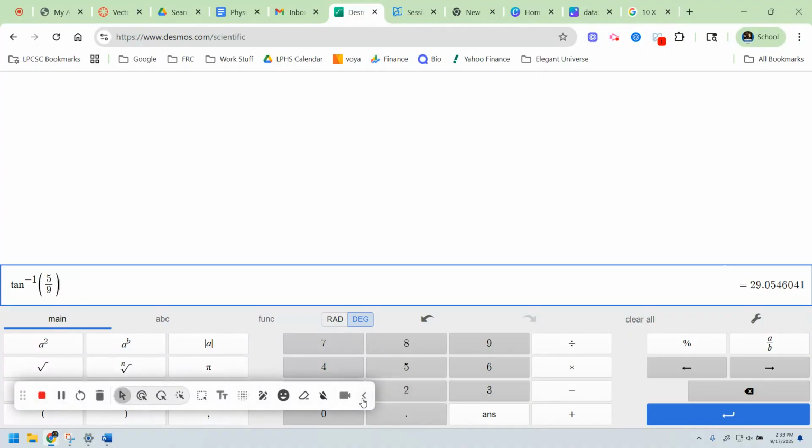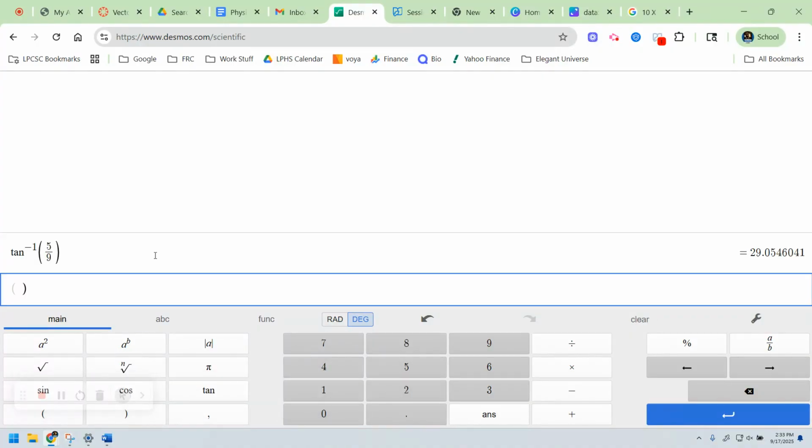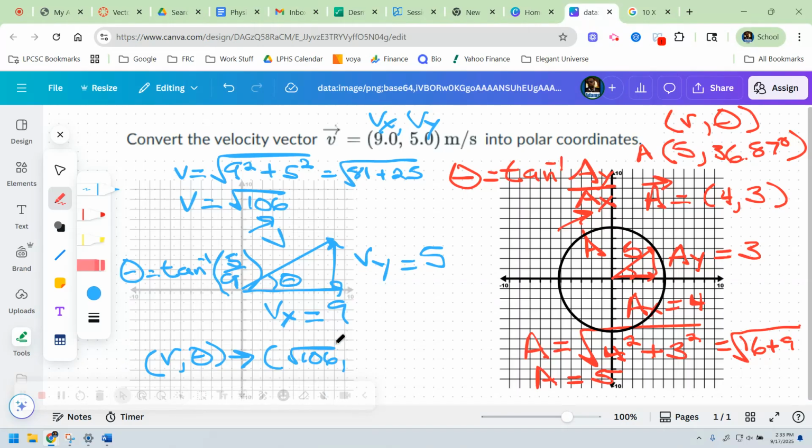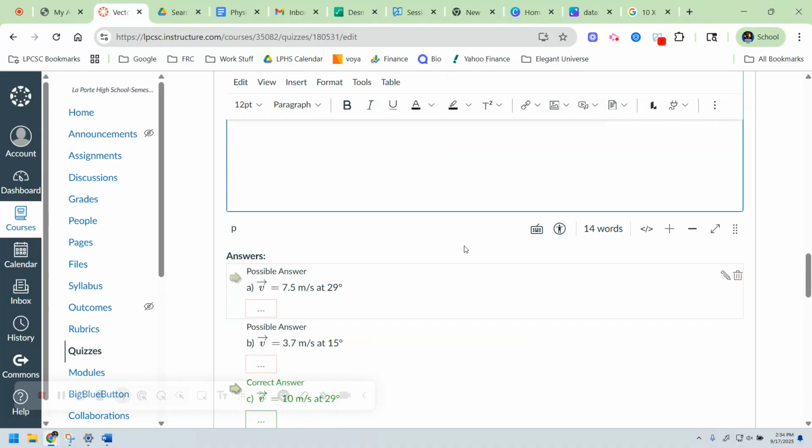Make sure I'm in degree mode. So it's about 29 degrees roughly, so we'll just say approximately 29 degrees. And so as you can see here, they approximate, they round it.